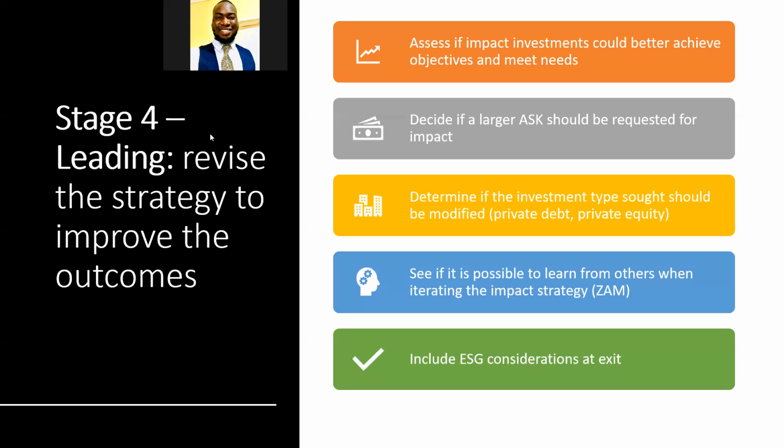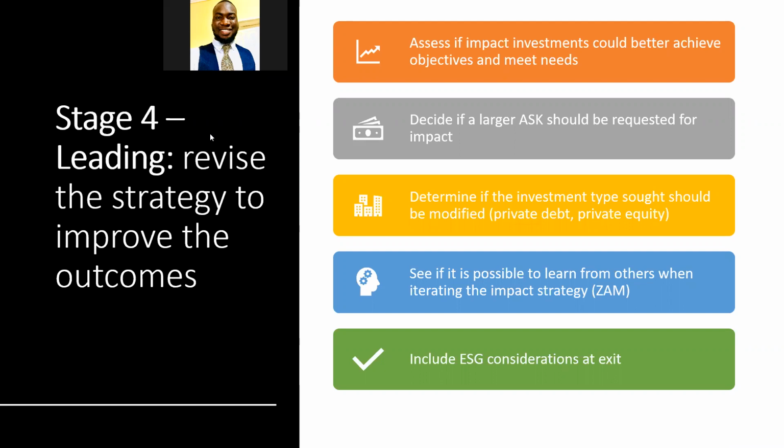So there's going to be that assessment. And then we also get to decide if maybe an enterprise should raise their ask, that is the amount of capital that they are looking for, so that they can have a bigger or larger impact.